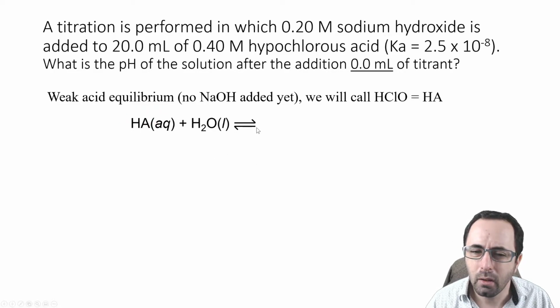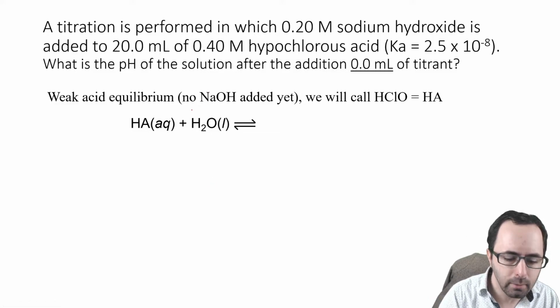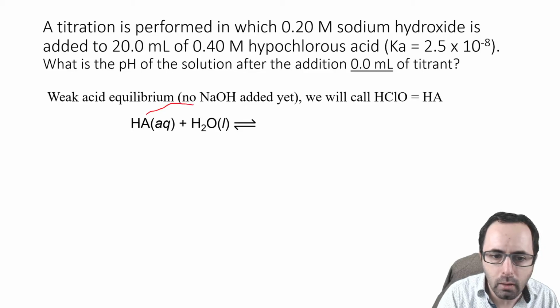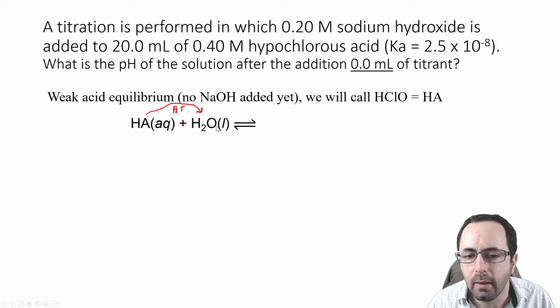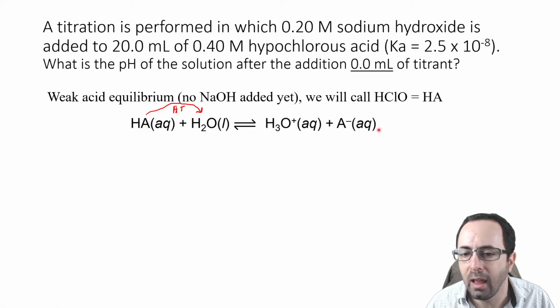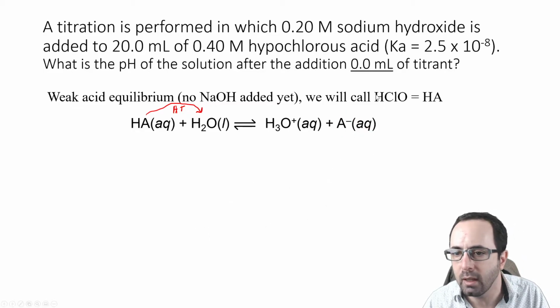And now what's going to happen is, since this is an acid, it's going to be giving its proton over to water. That's what acids do, is give up protons, right? And so we're going to get H3O+ hydronium ion, and we'll have the conjugate base, which is A minus, which is actually hypochlorite ion. But it doesn't really matter as long as we know what the Ka is.